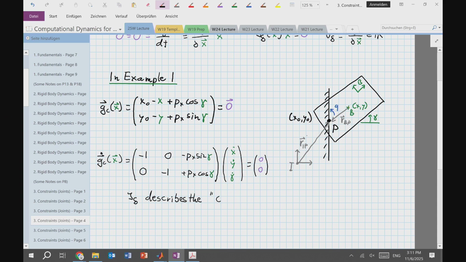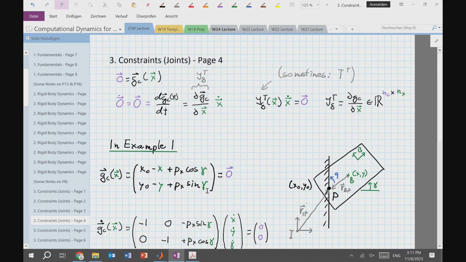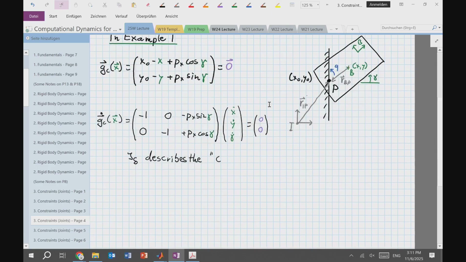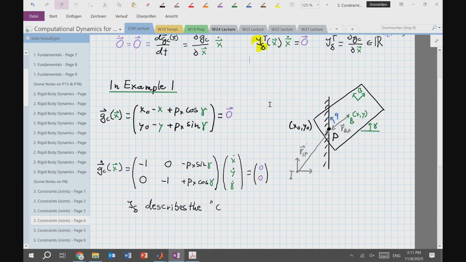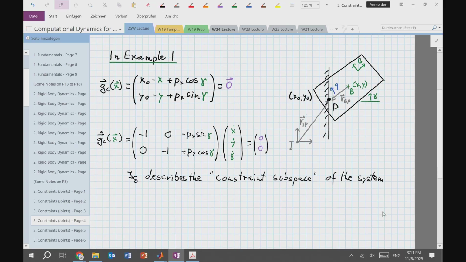JG, Jacobian, this guy here. That is JG. That is the Jacobian now of my function G. JG describes the constrained subspace of the system. So those are the directions in which I cannot go, the directions of blocked motion.